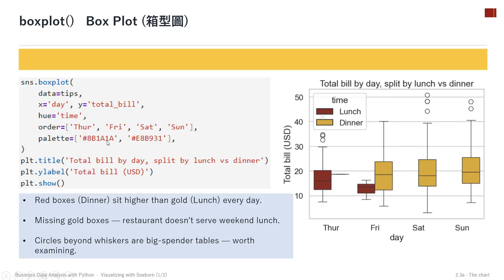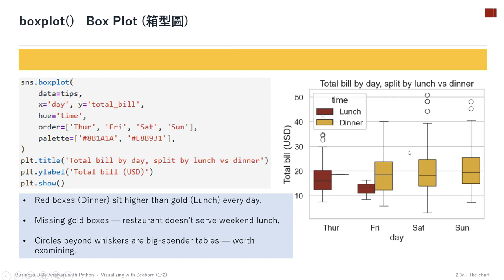You can define what color you want to use. Here I define red and yellow, so you can also define the colors. Those are the parameters we can define. And also through this figure, we can try to analyze it.